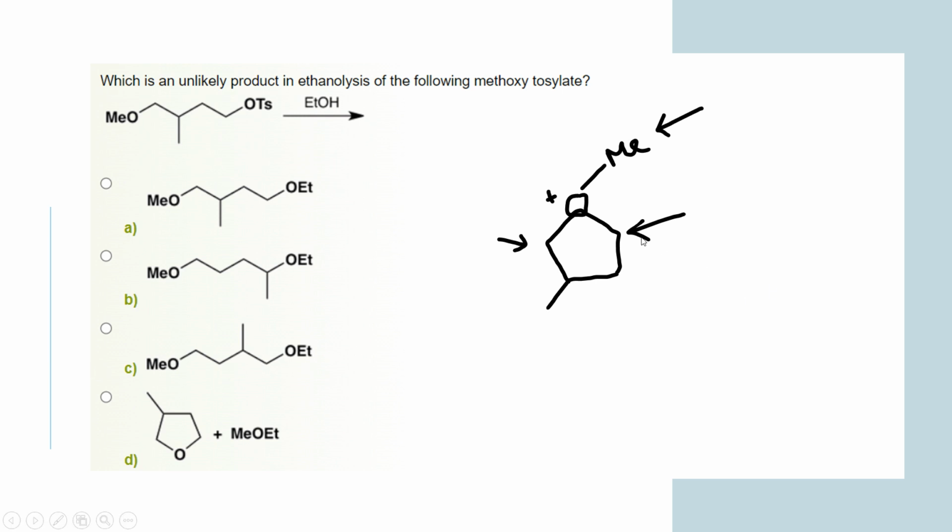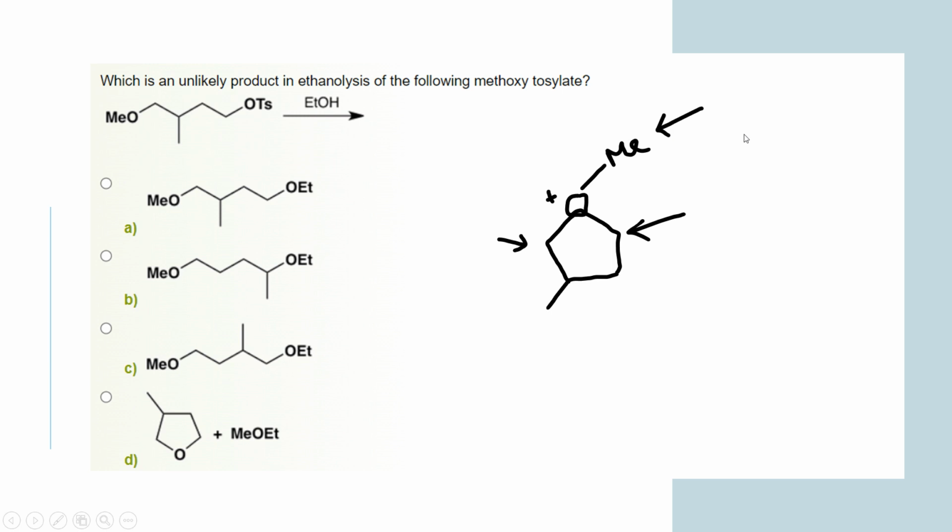Now let us look at this arrow. What will happen if ethoxide comes this way and attacks at this carbon? In that case, you are going to get a product which is option A. You can write down the product. Ethoxide will attack here and this carbon oxygen bond will break, and you will get a long chain which is basically option A. And then the third arrow, which is the third possibility of product.